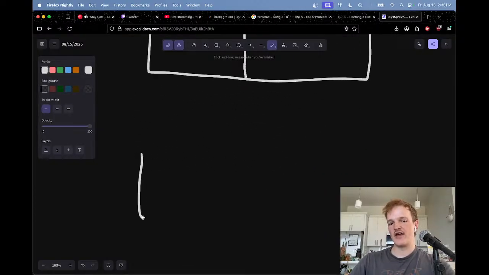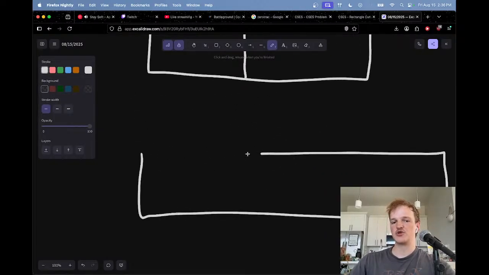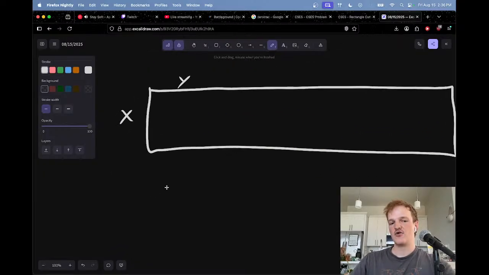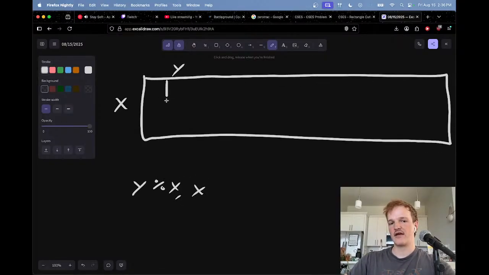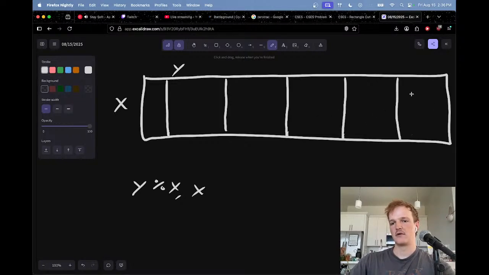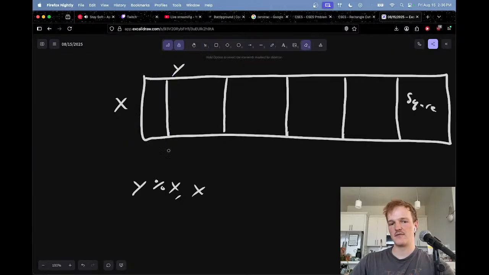So if you have some huge thing where this is X and this is Y, you could say my new rectangle is going to be Y%X, comma X, where there's a bunch of squares of size X here. And this is a square. So partition these. This is the rectangle sliver you're left with.